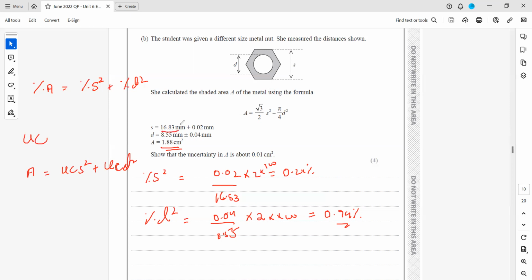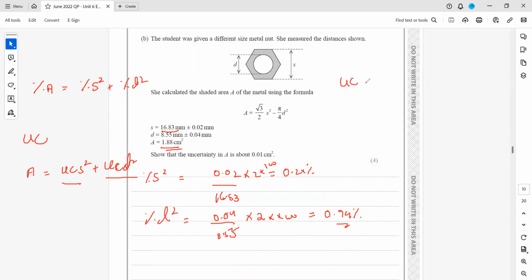So this is S, but it is in millimeters. S is given in millimeters, so we want it in centimeters. So first we can convert this into centimeters. So, uncertainty in S square plus uncertainty in D square.